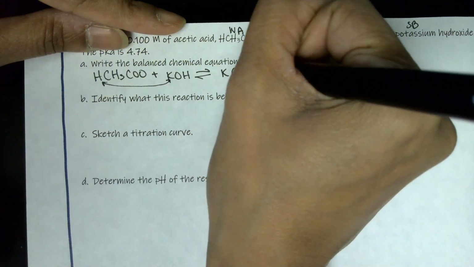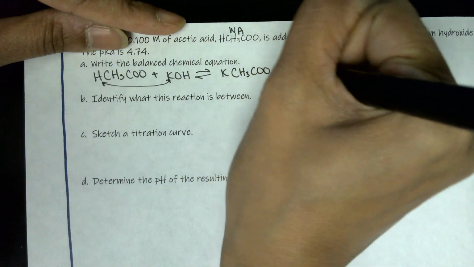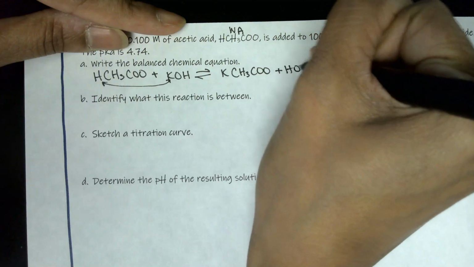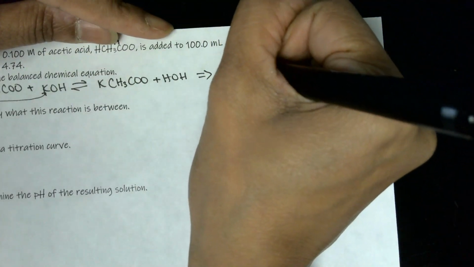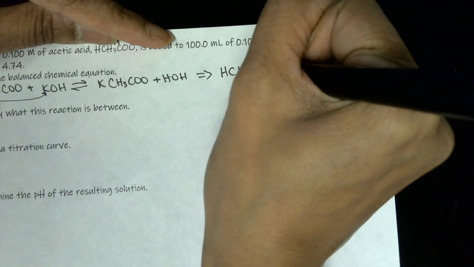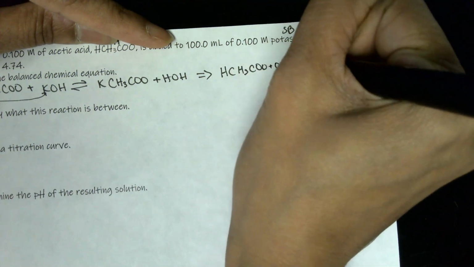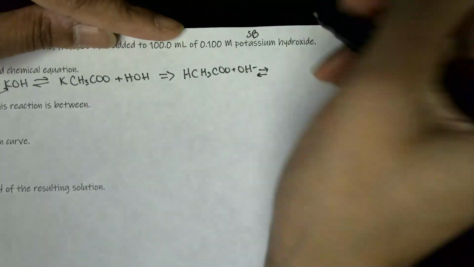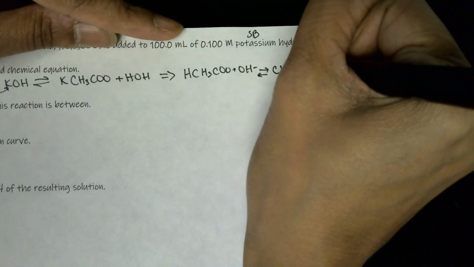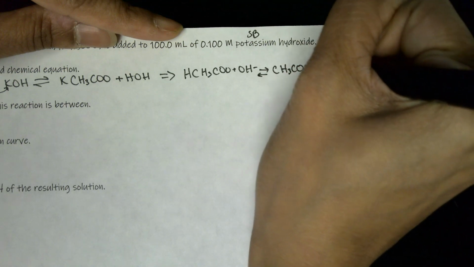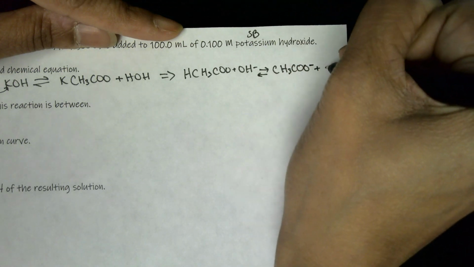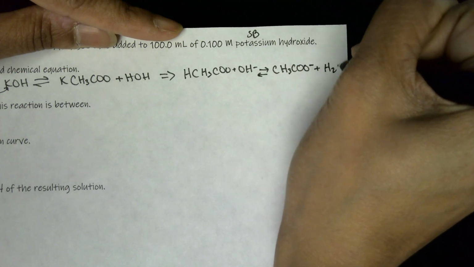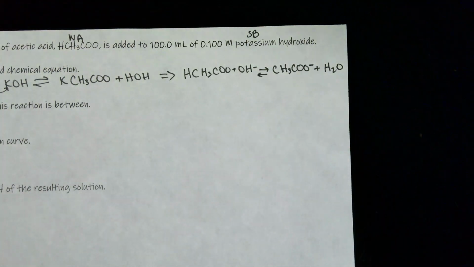So we have KCH3COO plus the HOH, but showing the net ionic, we have HCH3COO plus the OH minus in equilibrium with CH3COO minus plus your water. I'll write water out like that.